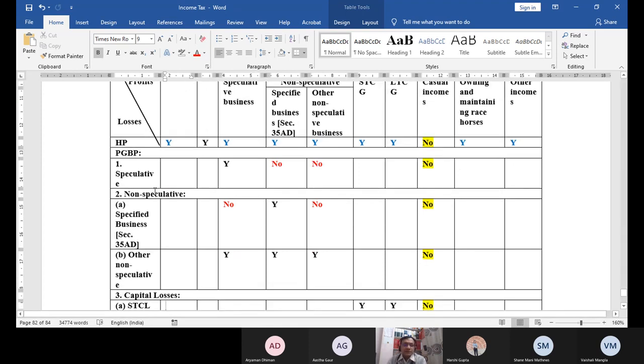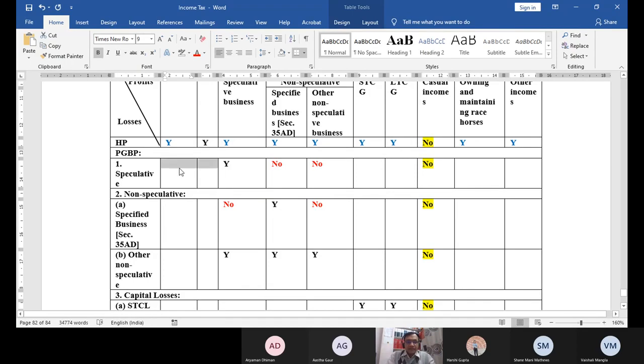Now speculative business losses. In speculative business losses, you ignore interhead adjustment. In fact, even within intrahead, speculative business losses were adjusted against speculative profit only. So when in intrahead also there was restriction, how can the law allow speculative losses to be adjusted against other heads? Interhead adjustment in speculative losses is not at all allowed.